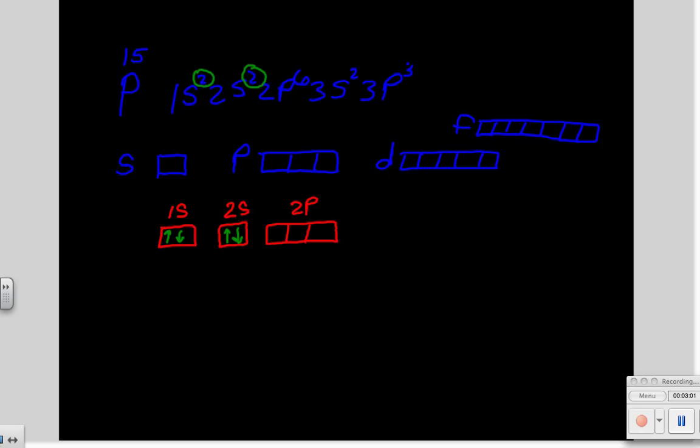And since there are 6 electrons in it, it's going to get 3 up and then 3 down. Then I go to the 3s, back to 1 box representing 1 orbital, 2 electrons in it, 1 up, 1 down. Then I go to the 3p with 3 boxes.